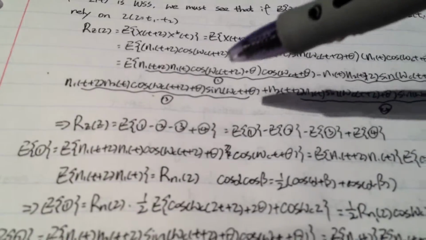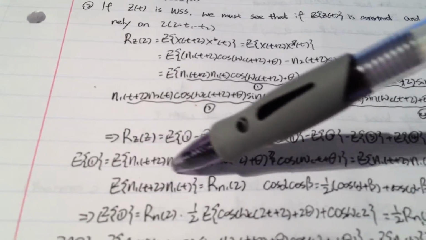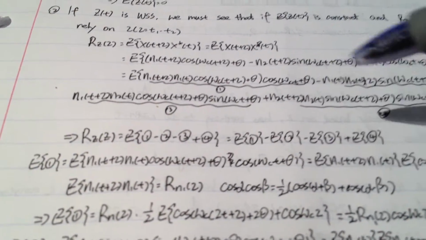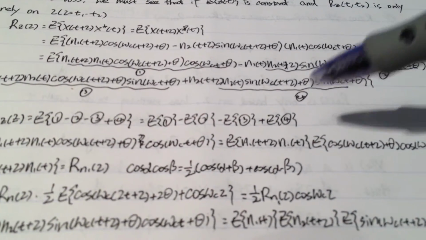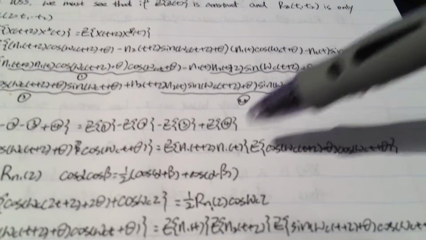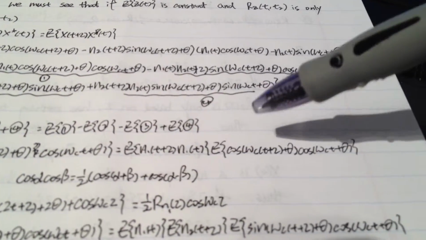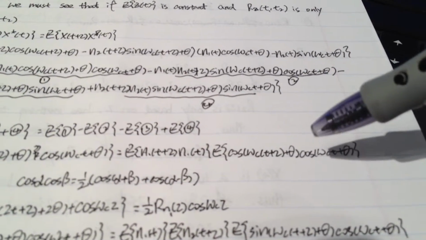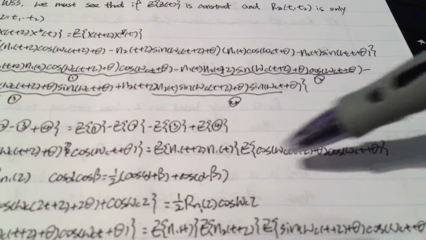So first, for part 1, we can know that the mean of part 1 equals this one. And after some steps of calculation, we can see the mean of part 1 equals this part, because n1t, n2t, and theta are independent, so it equals the product of these two means.